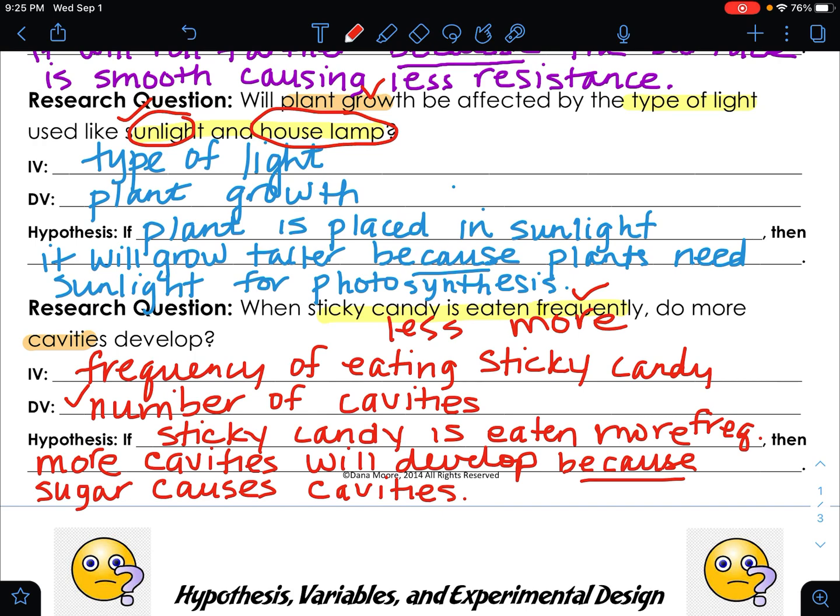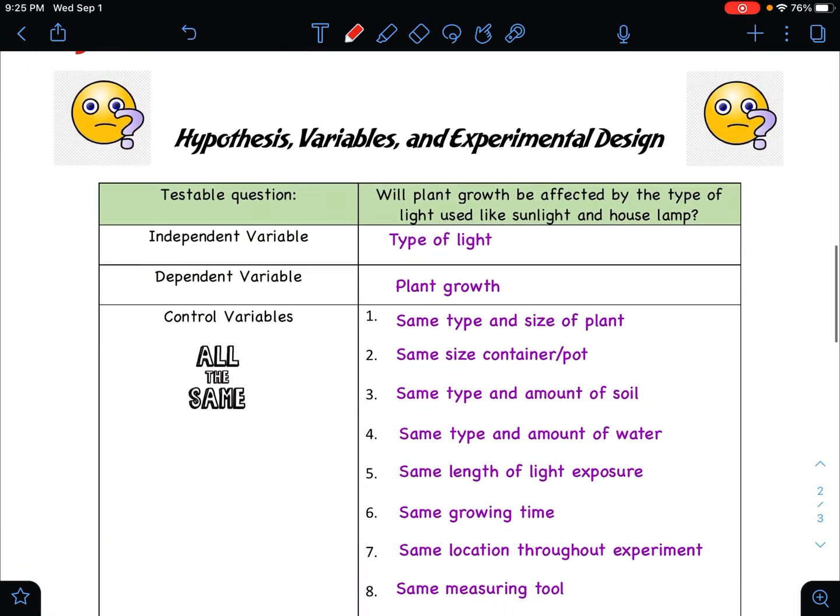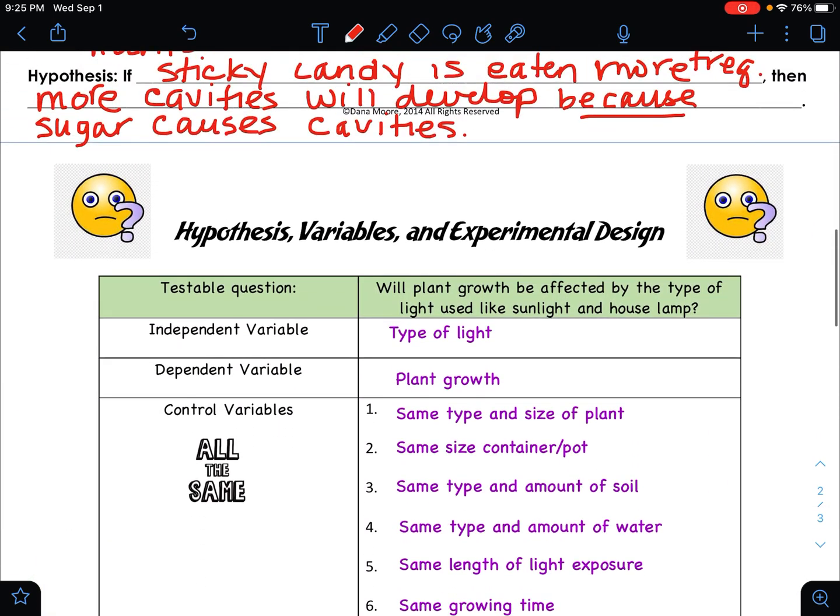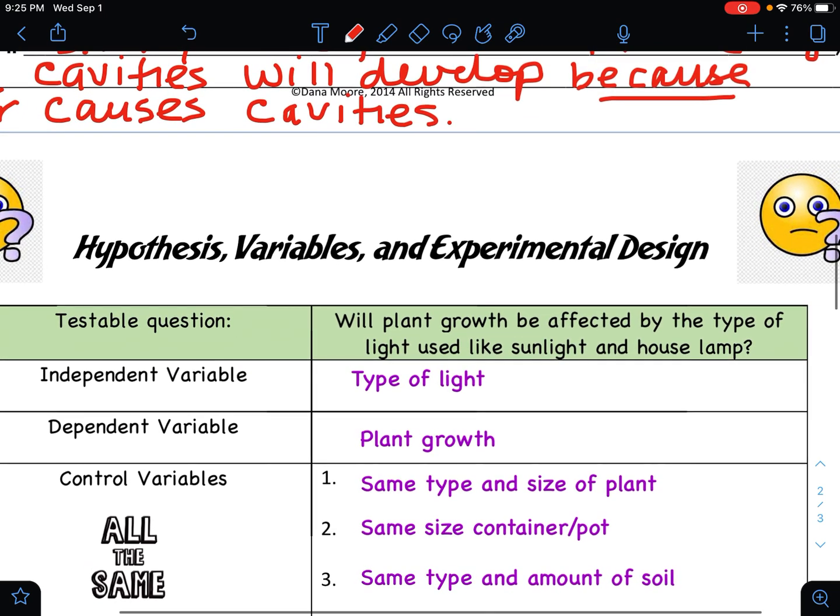Okay. All right. So I made this sheet here to go with the experimental design because we want to take it one step further. And the next step in the scientific method after writing a hypothesis is to design an experiment. All right, so I chose the one about the plant growth.